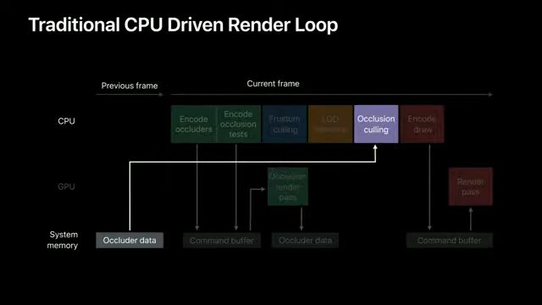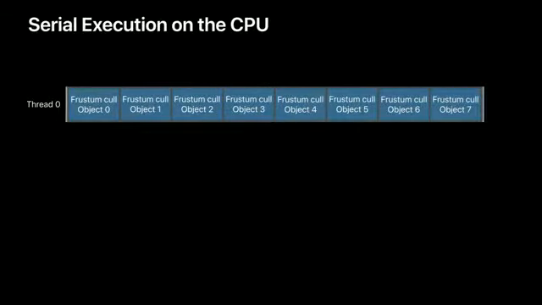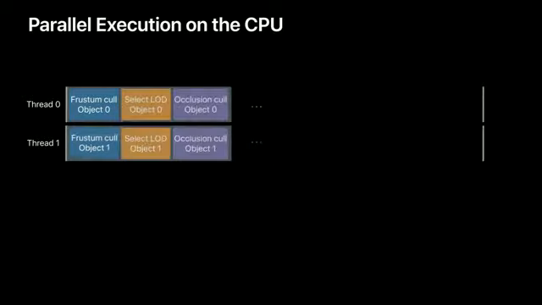For example, frustum culling. On a single CPU thread, it looks like this, where you will be doing frustum culling of each object one after the other. Now, you can definitely distribute this processing across multiple CPU threads, but there are only a few CPU threads available. And if you include all other operations that you want to perform per object, you'll probably be doing something like this.